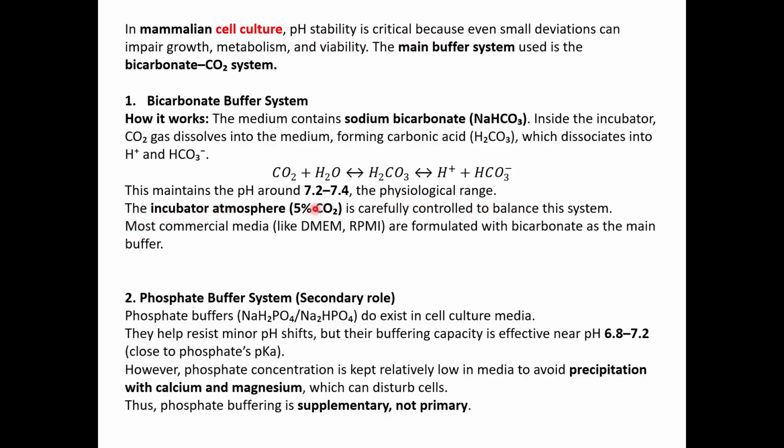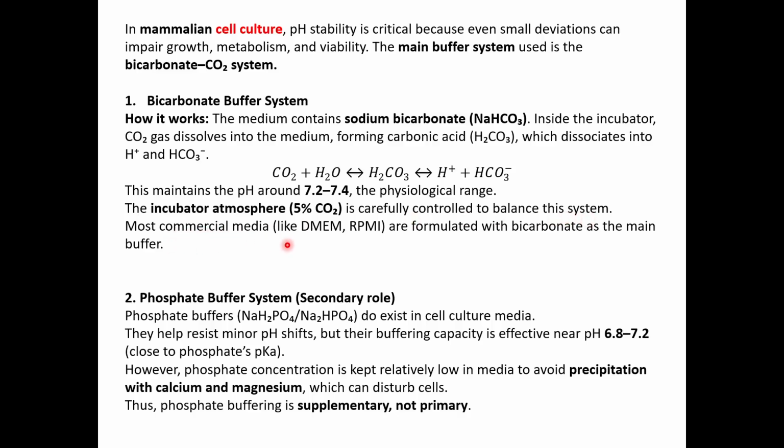And the incubator atmosphere, the standard supply of carbon dioxide is 5% carbon dioxide in all the cell culture incubators, unless you need to change for your experimental conditions. For normal growth, 5% carbon dioxide is standard and is carefully controlled to balance this system.